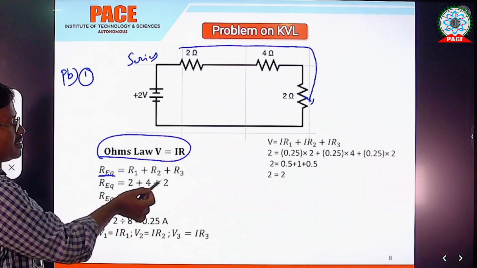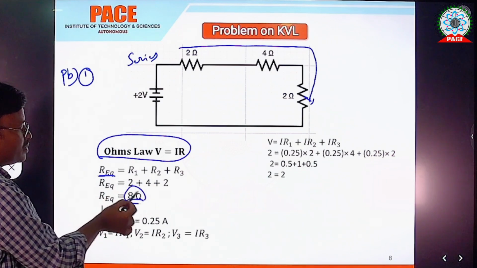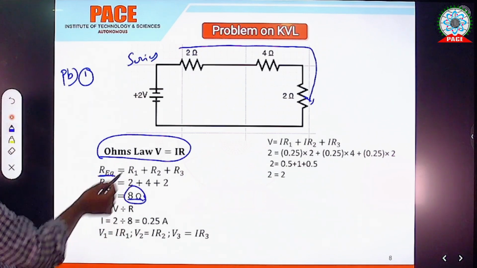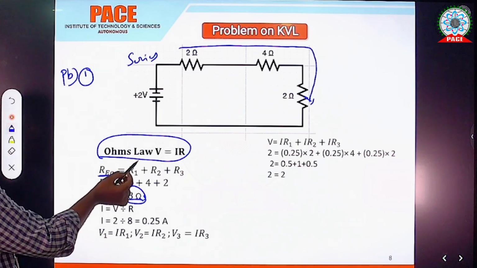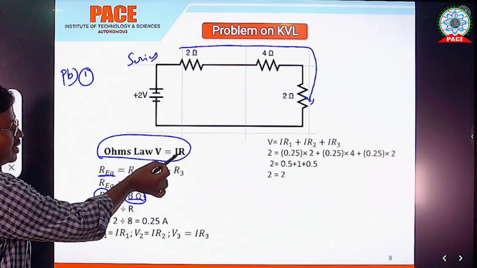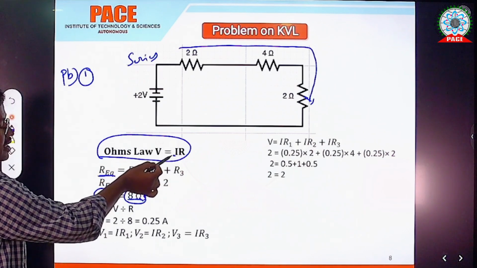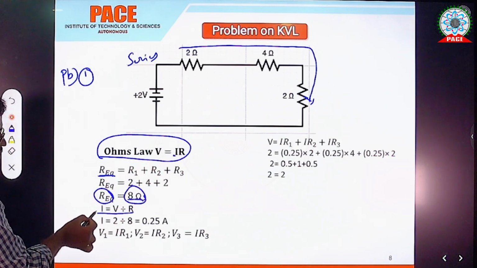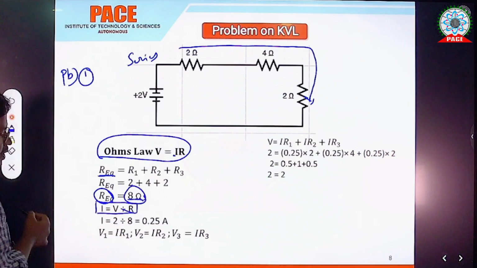According to Ohm's law, I equal to V by R. So I equal to V by R, we will form this equation. We already know the V value, that is 2 volts, and the R value we got here is 8 ohms.